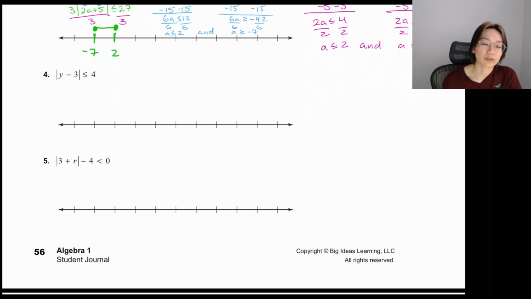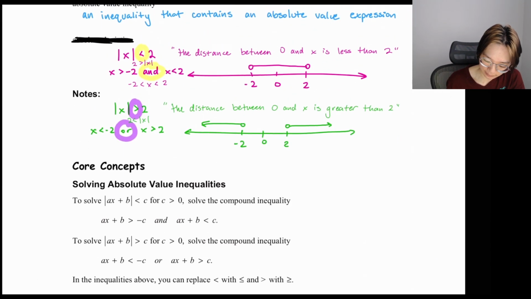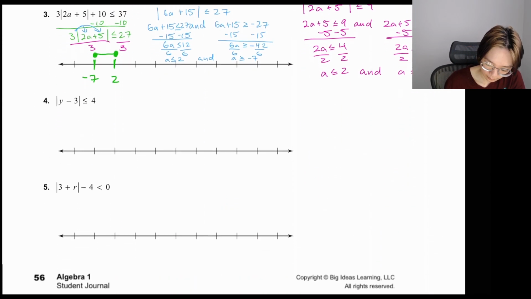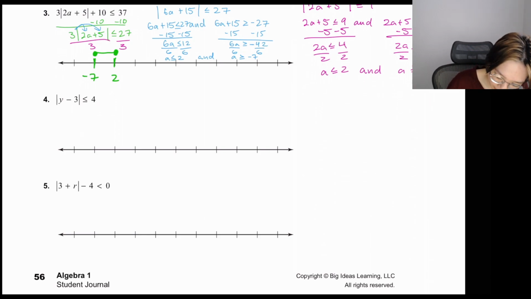Number 4, much simpler. Absolute value is already alone, so now we can figure out, is it going to be "and" or "or"? It's less than, and less than is "and." So I'm just going to split it off straight from here. Y minus 3 is less than 4, and y minus 3 is greater than or equal to -4. Solve this pretty quickly.